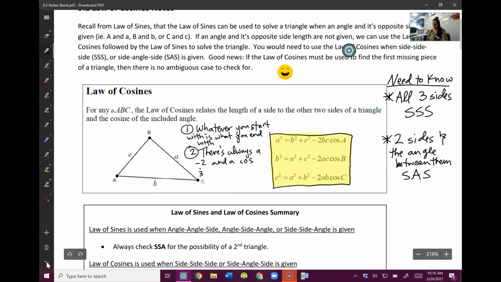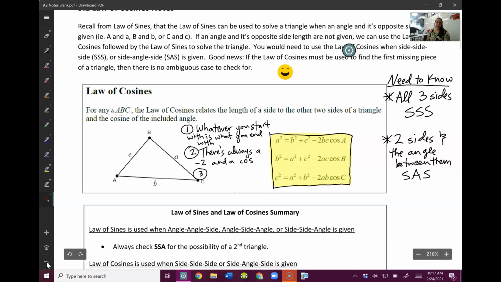Next, if you look at the letter we start with and compare it to the letters that come after it, you may notice that whatever you start with, the other two are what come next. So if I start with A, the next two are B and C. If I start with B, the next two are A and C. If I start with C, the next two are A and B. And they're always squared and added.